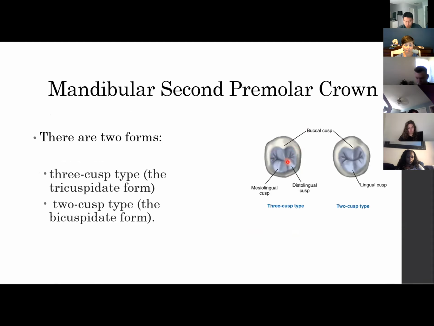Because of that distal lingual groove, or that lingual groove, sorry. And then this one's more U-shaped. Now, if this line was straighter and say the buccal ridge wasn't as deep, it would look more like an H. So that's another way you can determine what you're looking at on the occlusal surface.